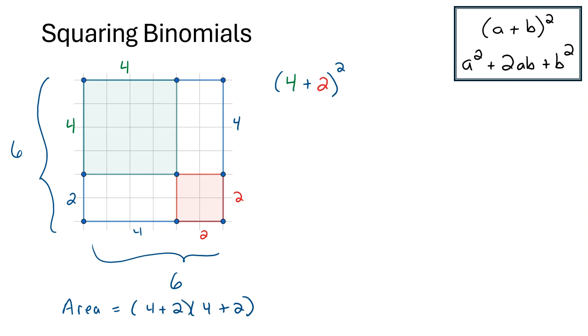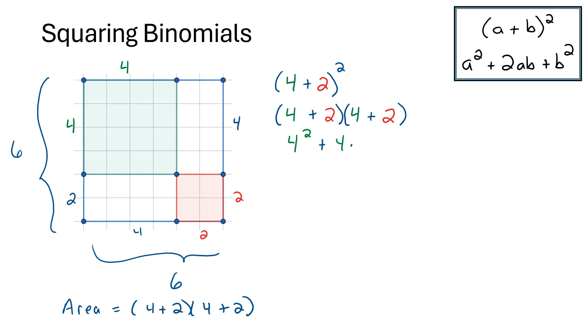All right, so if we FOIL this out, let me write this out. If we write 4 plus 2 times 4 plus 2, because that's what 4 plus 2 squared means, and we FOIL this out, the first thing we do is 4 times 4, which is 4 squared. And then the next thing we do is 4 times 2.